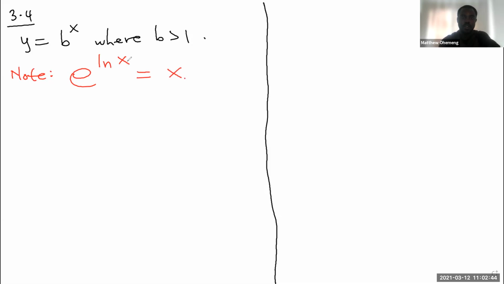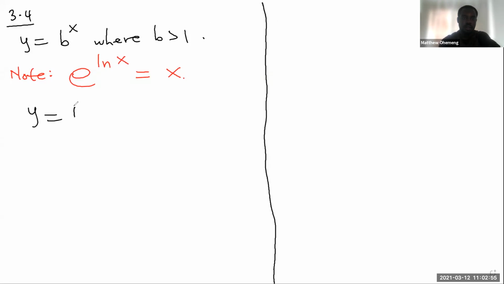Using this property, we can rewrite what we have here, the b to the x, as e to the ln of b to the x.